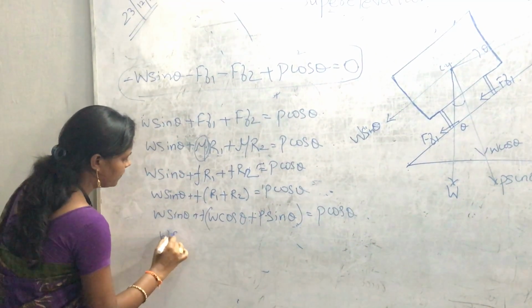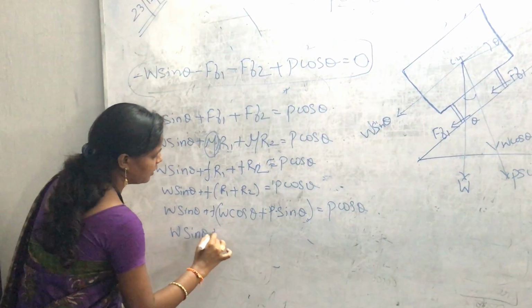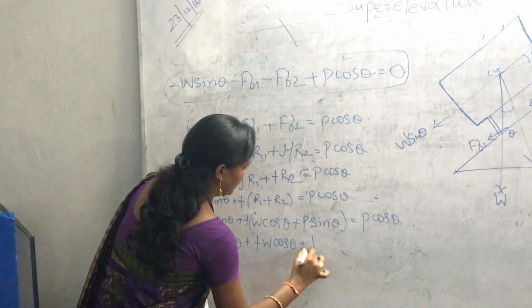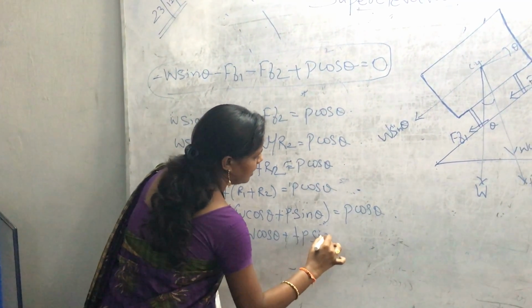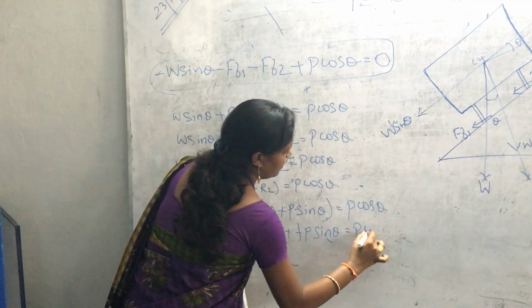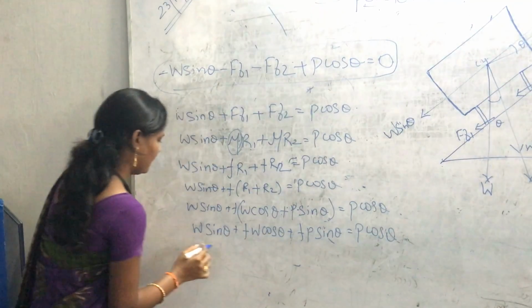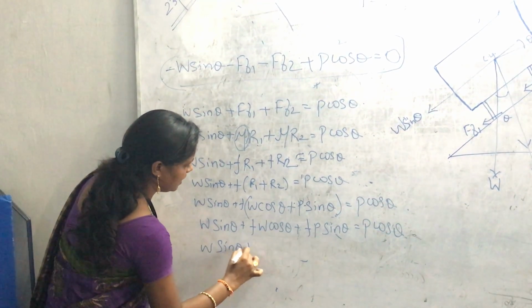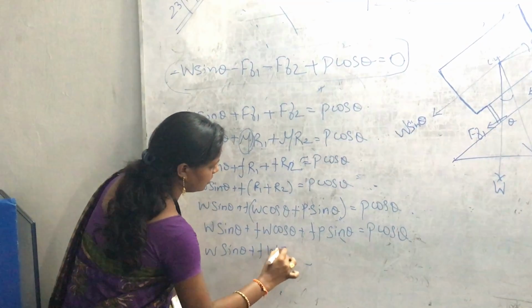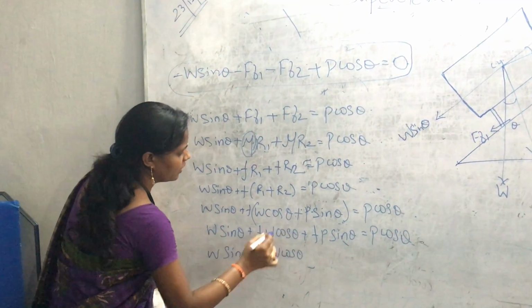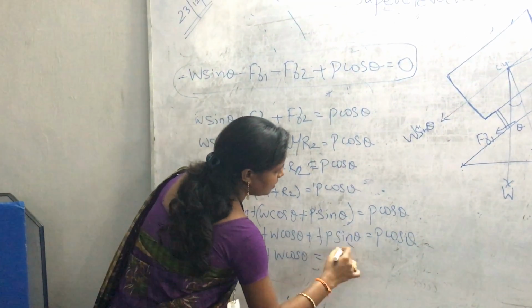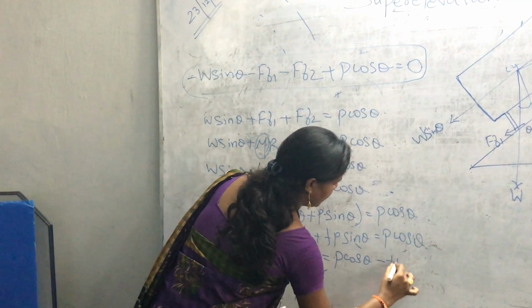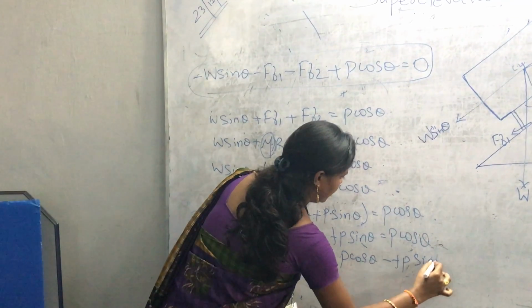Then group these terms as W and the centrifugal force: W sin theta plus f W cos theta plus f P sin theta, which is equal to P cos theta. Group the weight as one term, W sin theta plus f W cos theta, and take the other term to the right side: P cos theta minus f P sin theta.